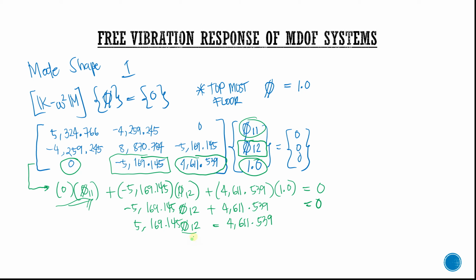Now we need to solve for P12, so we just divide the whole equation by 5,169.145. Then our mode shape 1 for the second floor is equal to 0.892.